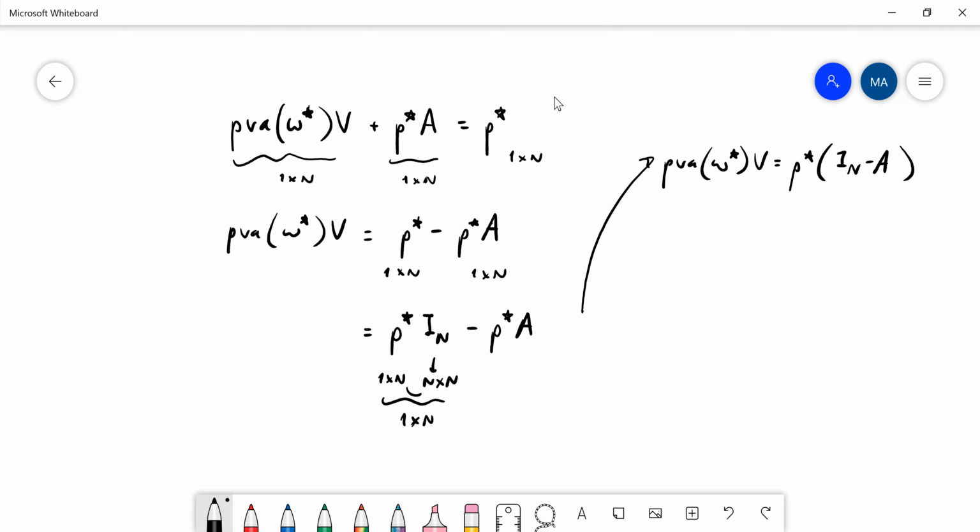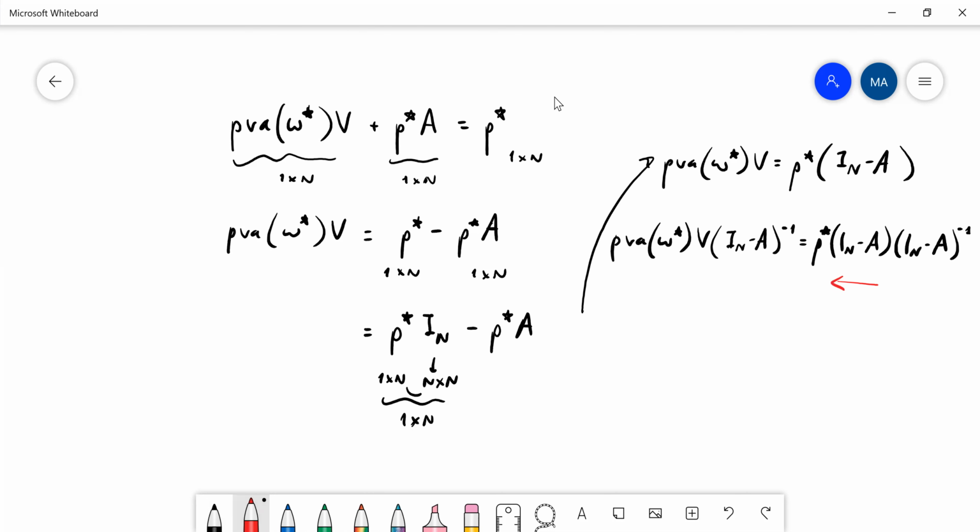All right. Now, how do I find p star? I have to multiply both sides by the inverse, by the Leontief inverse again, but from the right-hand side. (I_n minus A) inverse. You see, I'm doing it from the right.